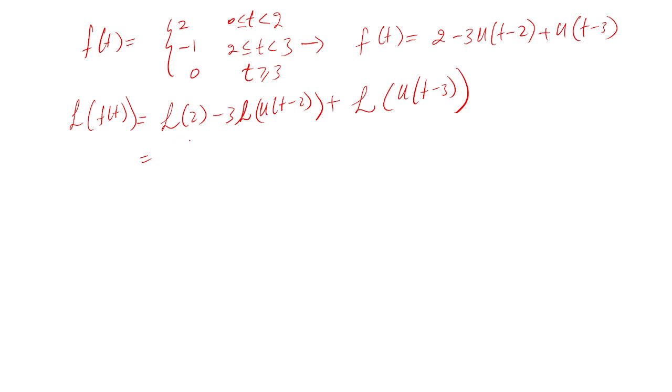So this will be equal to 2/s, we know it, minus 3 times e^(-2s)/s, plus e^(-3s)/s. So this is the Laplace transform of the given function. This is an application of the unit step function to write a piecewise function in terms of the unit step function, and then it is easy to find the Laplace transform of this type of function.